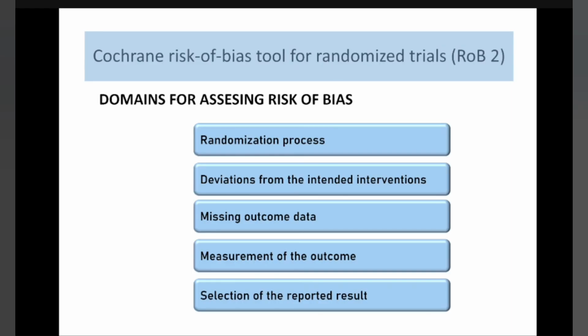Then deviation from the intended interventions. This means, for example, I am giving ACTH to the pediatric population at 50 international units per day. But I found that the seizure is not stopping when I follow for 1 week.